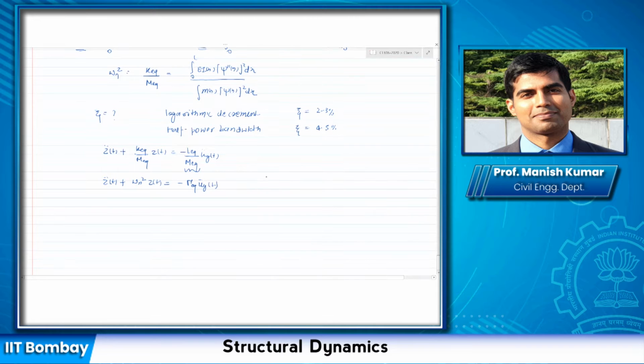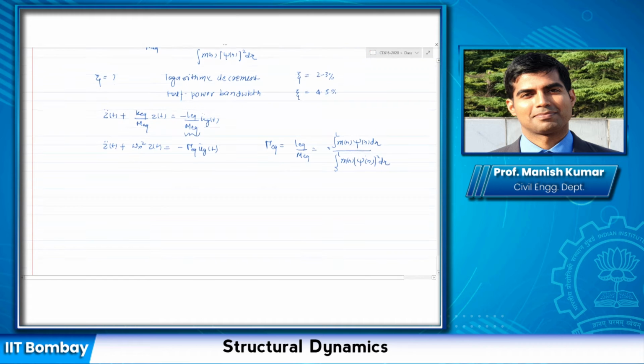Okay, where gamma equivalent is basically L equivalent divided by M equivalent. And if you want to write it in terms of expression, it would be the integral of m(x) phi(x) dx over the whole length, divided by the integral of m(x) phi(x) square dx. Okay.